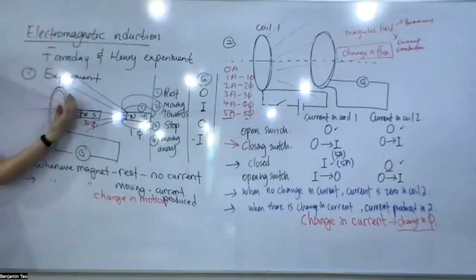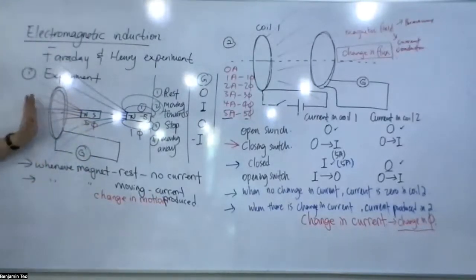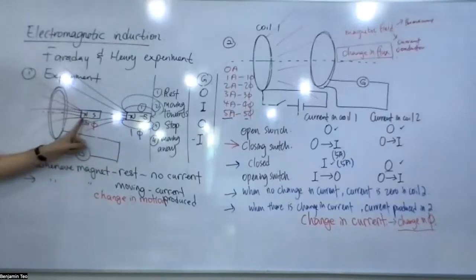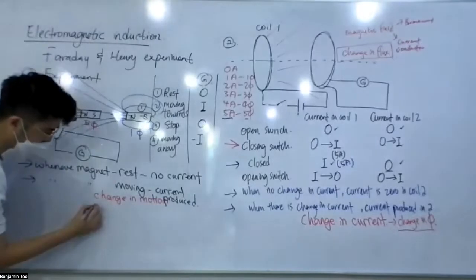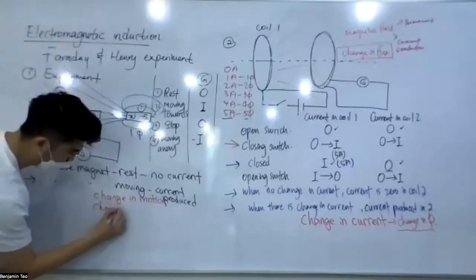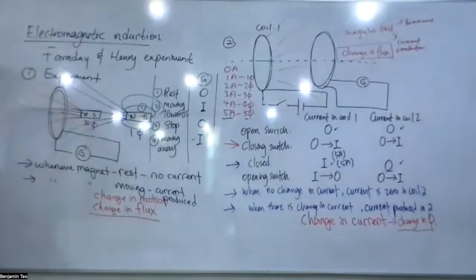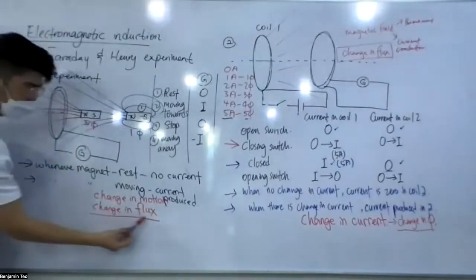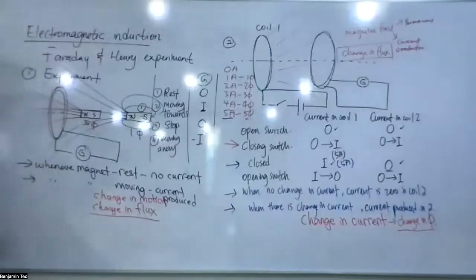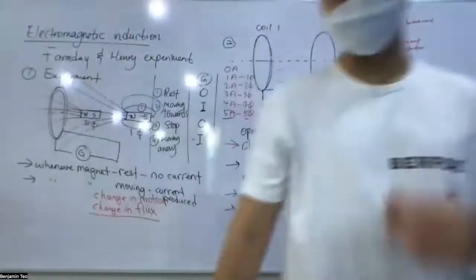There is more flux linkage. So again, moving this one here, you have a change in flux. Change in motion causes change in flux. Then EMF is induced. Current is induced.